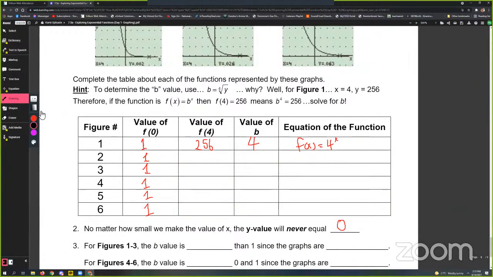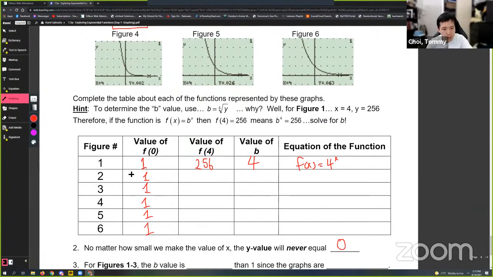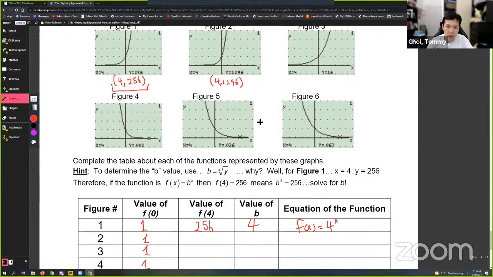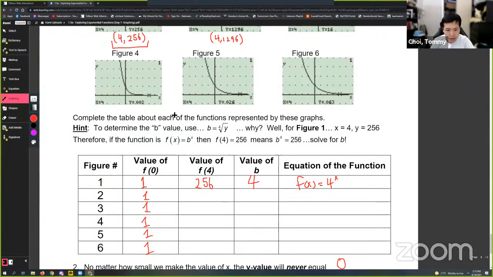Okay, so for this table, it says for figure 2, what's the value of y when x is 4? The value of y is 1,296. If you have a scientific calculator that can do the fourth root, you can do it because x is 4.